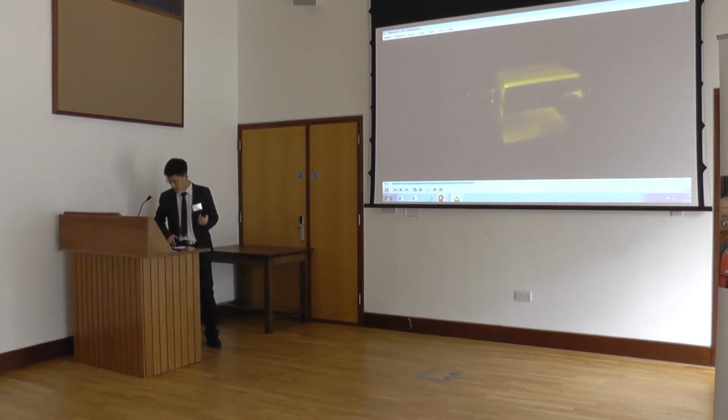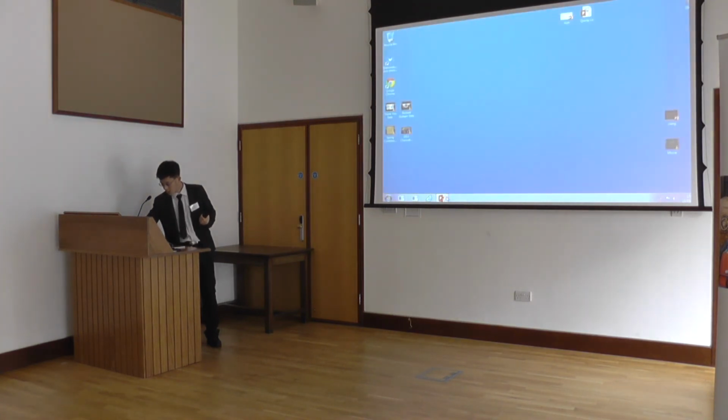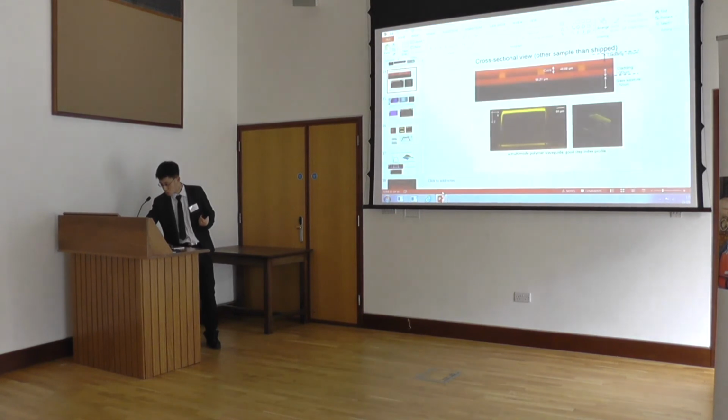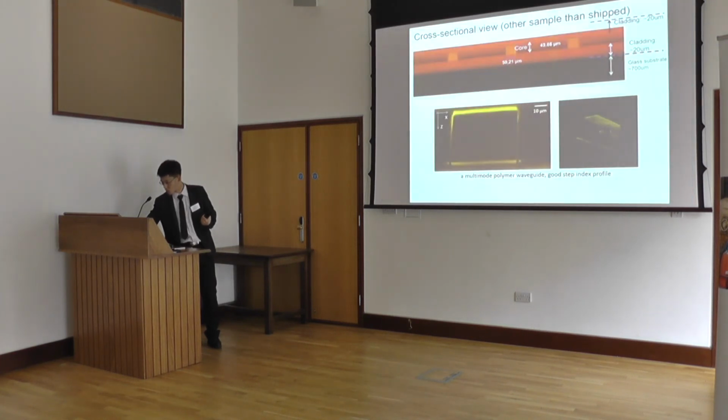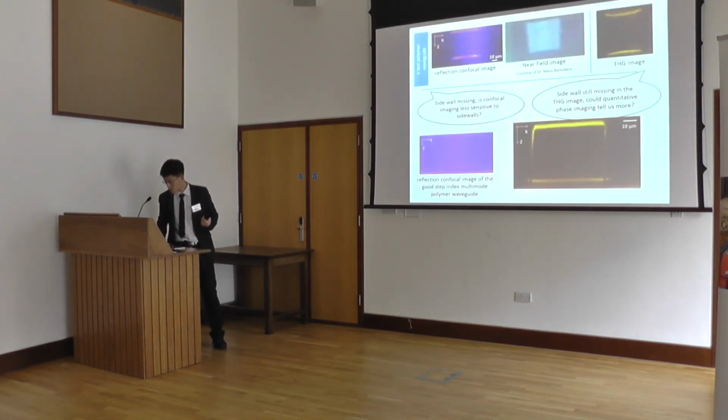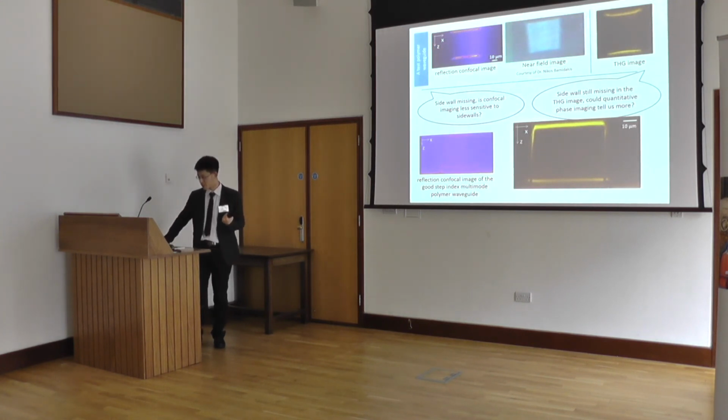So that's how we reconstructed the three-dimensional image, and that's what it looks like. Right. Let me go to maybe the last slide, and I'll show you what I'm doing in a moment. Okay, again, more polymer waveguide images.